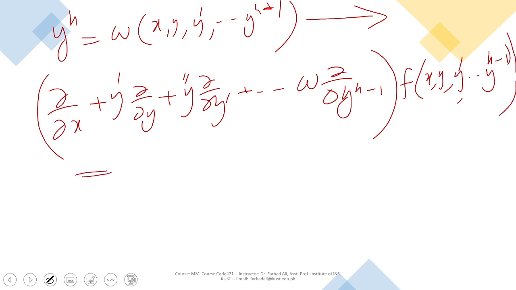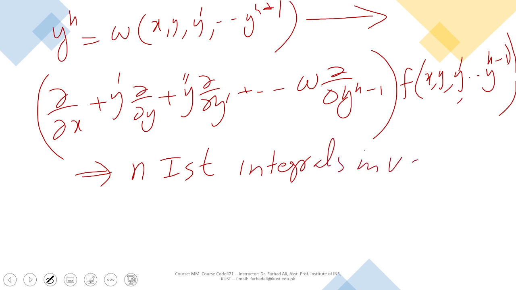So this equation will give me n first integrals in the variables x, y, y dash up to y n minus 1.